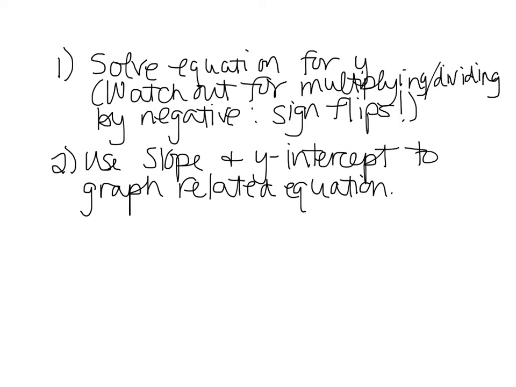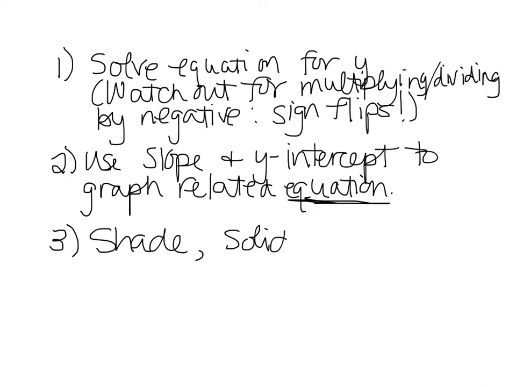Before I could do that, I had to graph the line y equals x plus 3. So you set the inequality symbol equal to the equation when you're solving. And then you look at the inequality symbol and you do the shading. And you also do the solid versus, if it's not a solid line, you have to make it dotted. Okay, I think that's pretty self-explanatory.